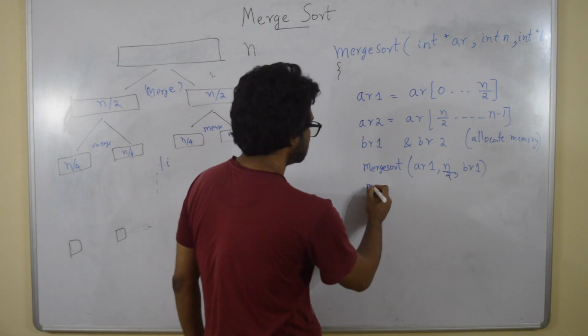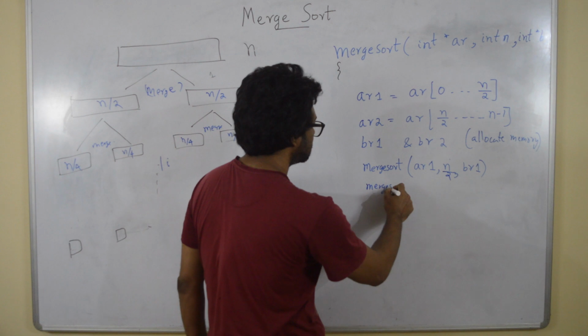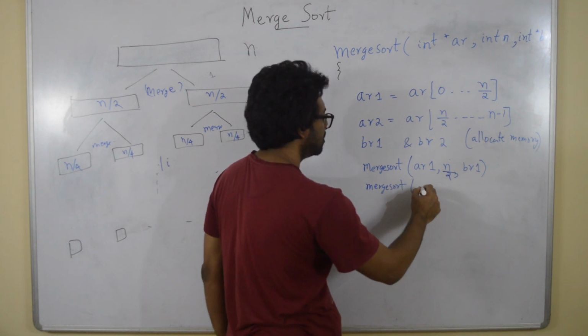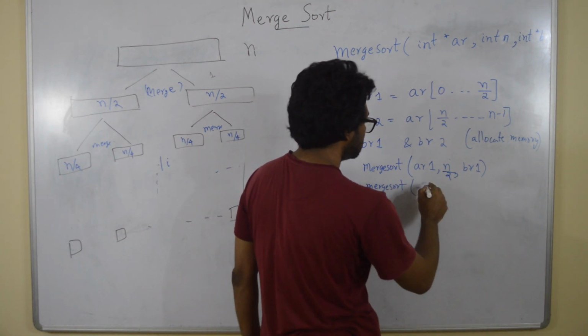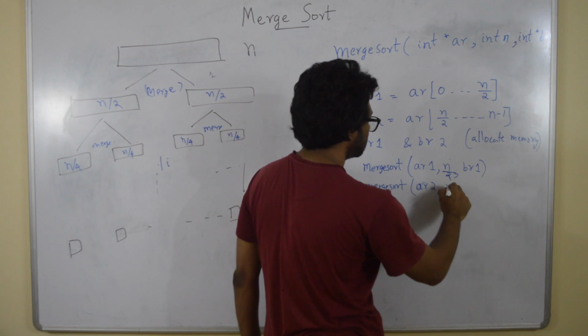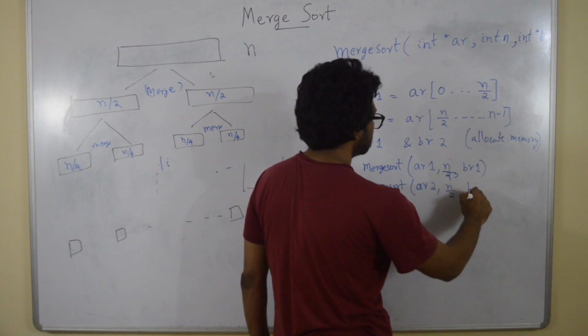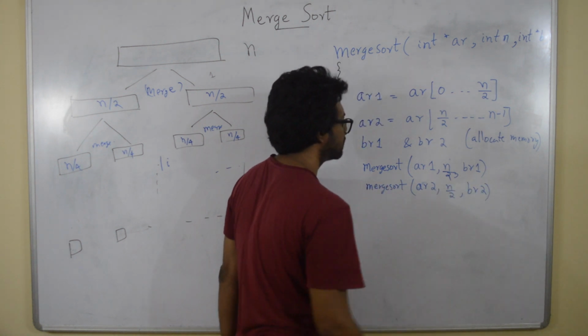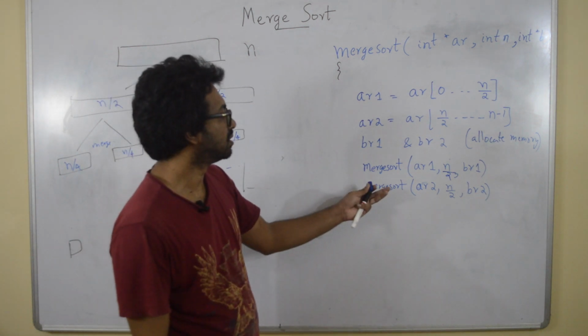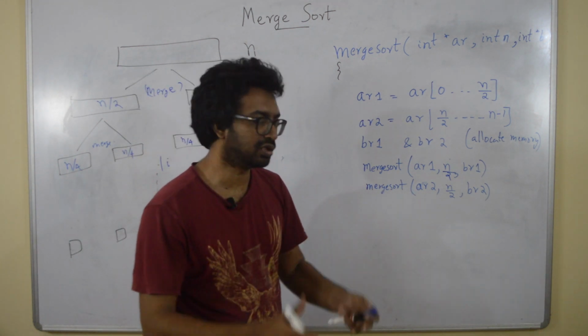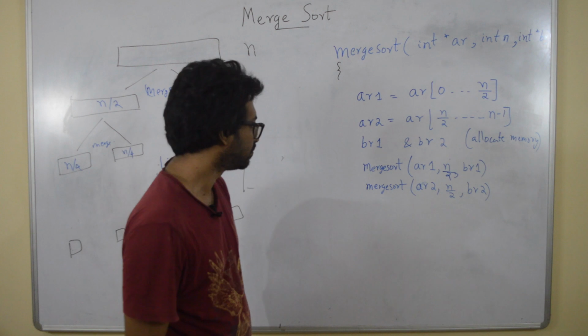Similarly, AR2 is passed and its sorted array is copied into BR2.